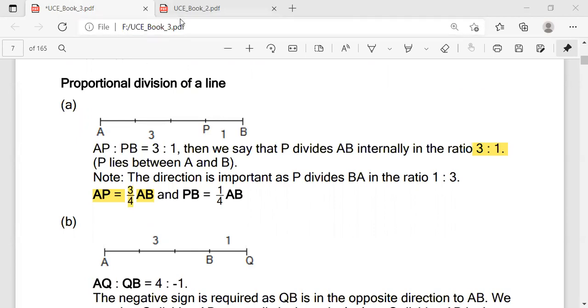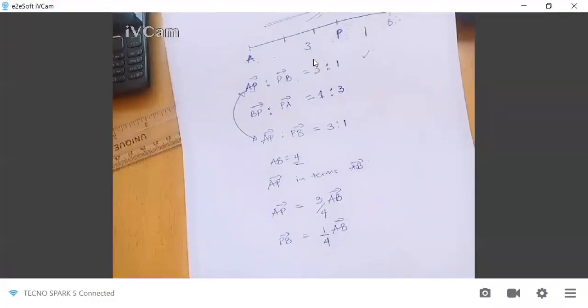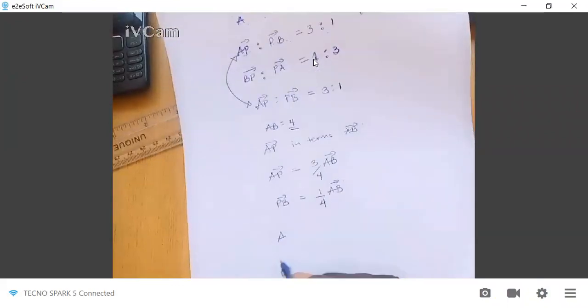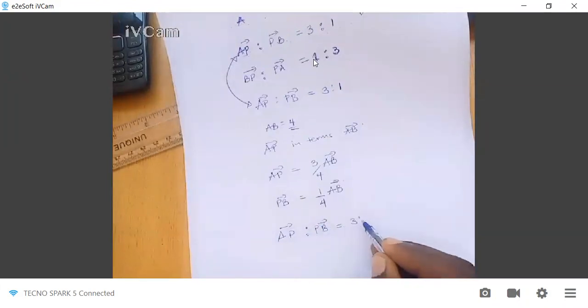Let me share with you what I'm saying here for you to understand very well. So we have seen that AP to PB is equal to 3 to 1.